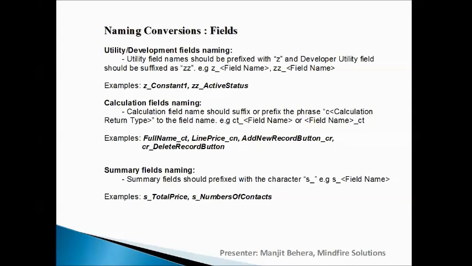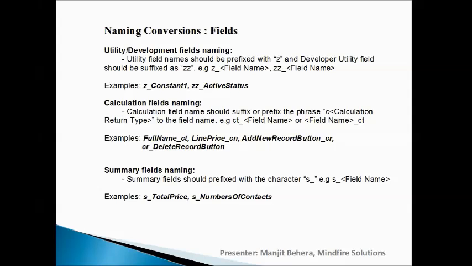Then the utility and developmental fields naming is usually prefixed with a small z or double z underscore. The single z is used to notify a utility field, and the double z underscore is used as a prefix for the development fields.